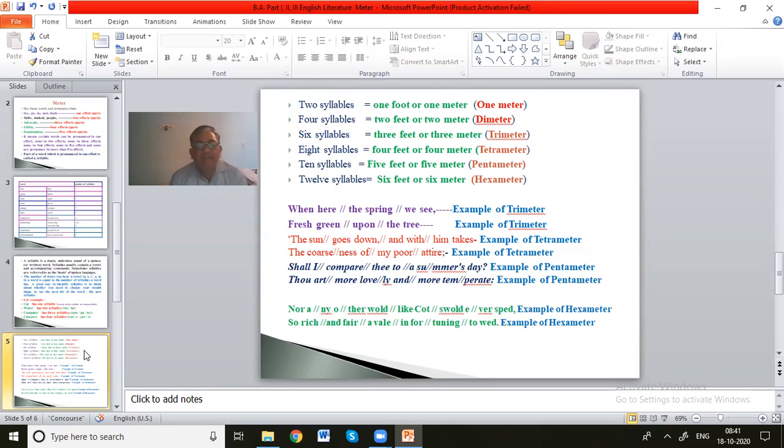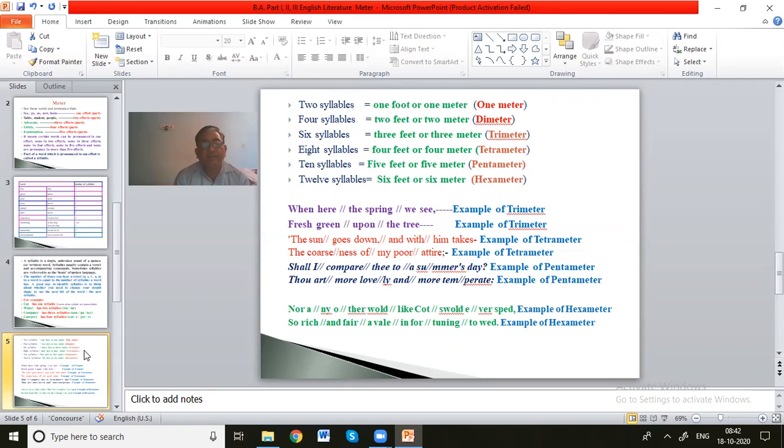Similarly, "fresh green upon the tree", 2 syllables each, an example of trimeter. Similarly, "the sun goes down and with him takes the coarseness of my poor attire", an example of tetrameter.